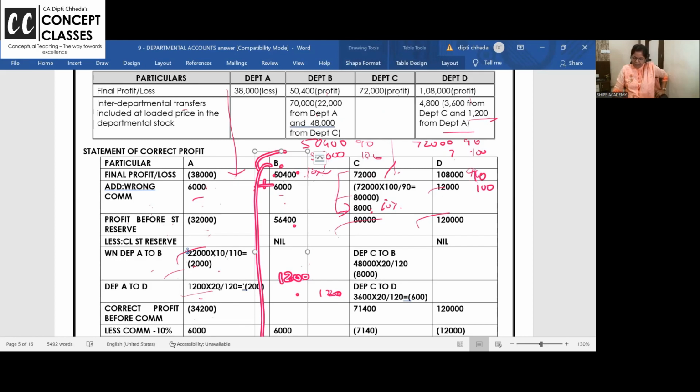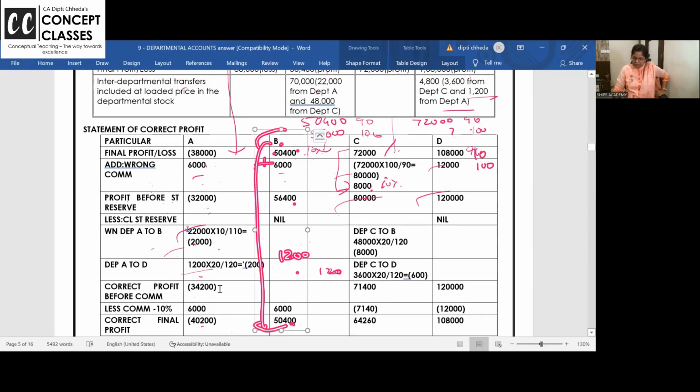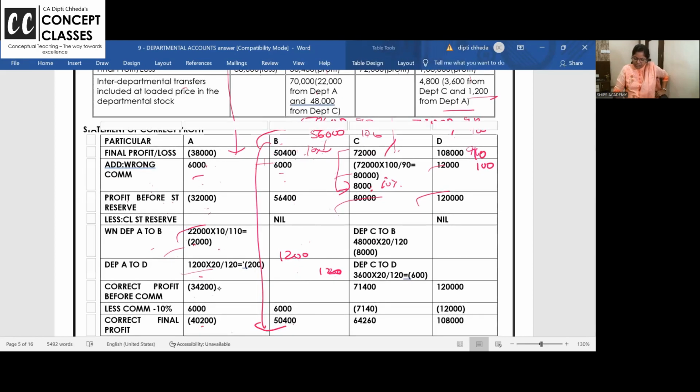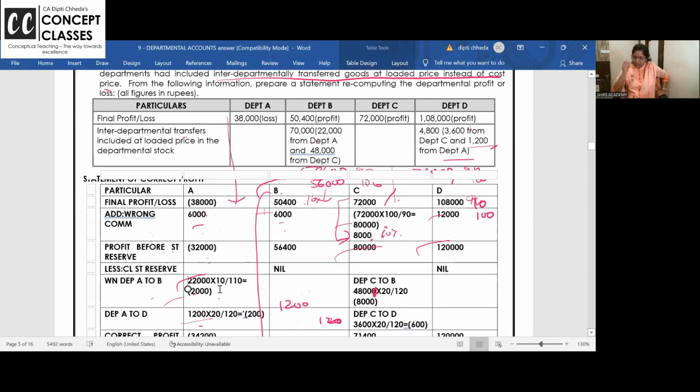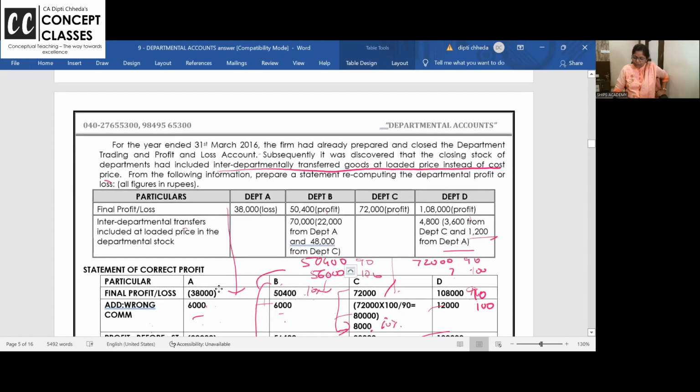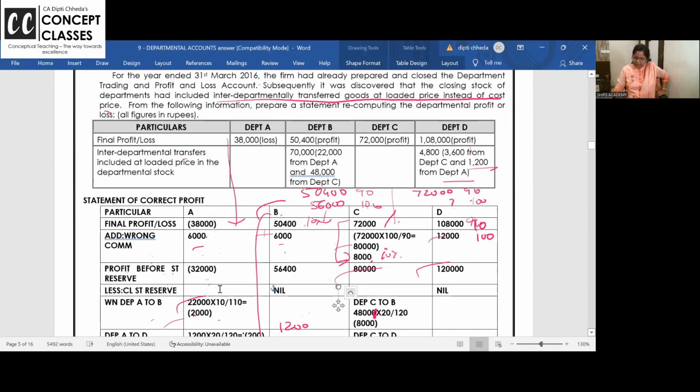One second. एक जीरो ज्यादा लग गया ना यहाँ. Department C has sent the goods. Okay, correct here, sorry.